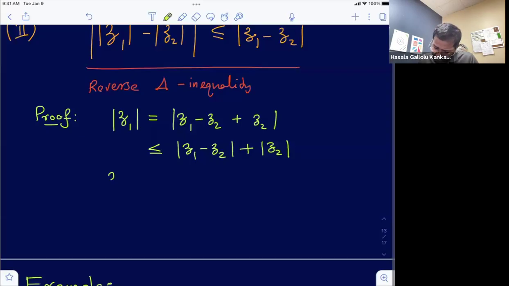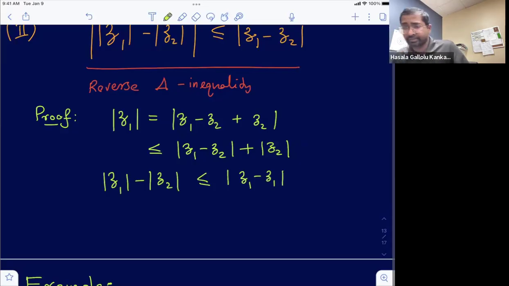And then that simply means for z1 minus z2, we can subtract the same number from both sides. That will not change the inequality.